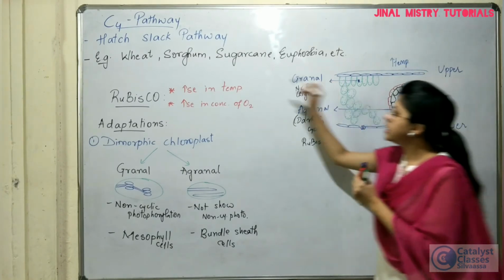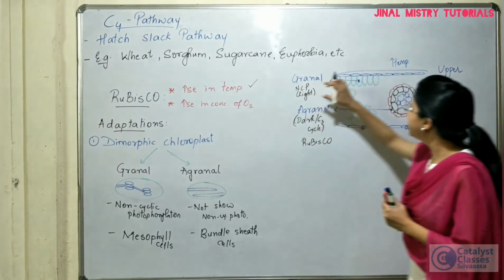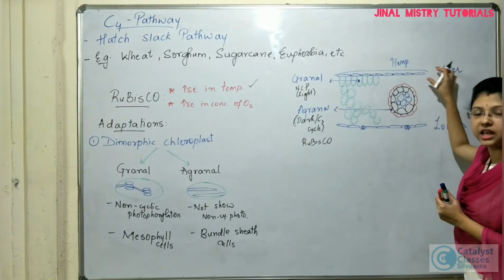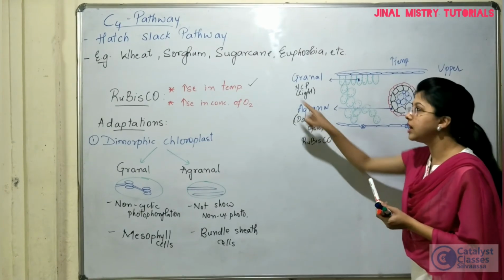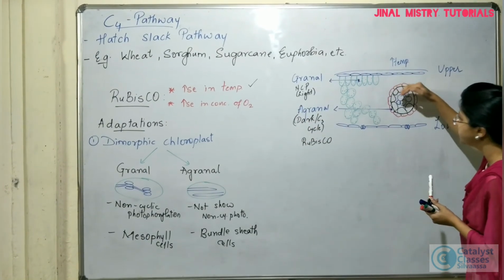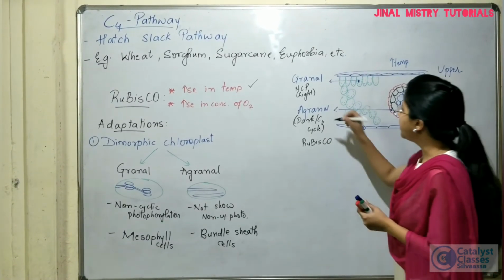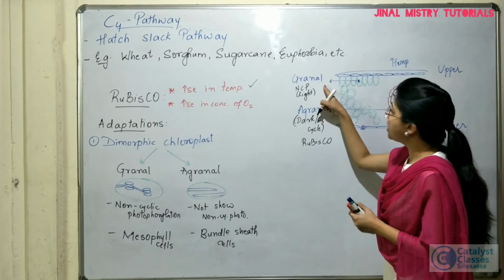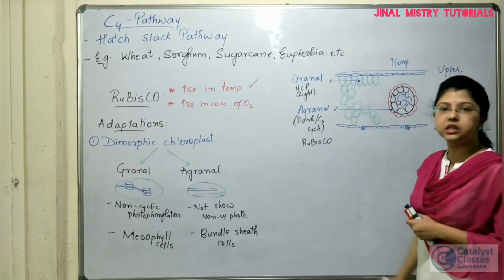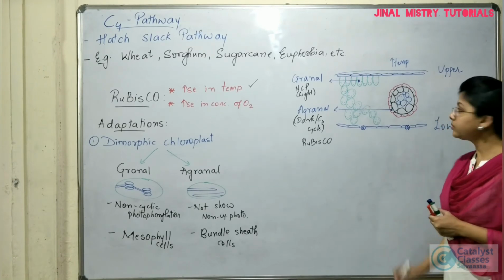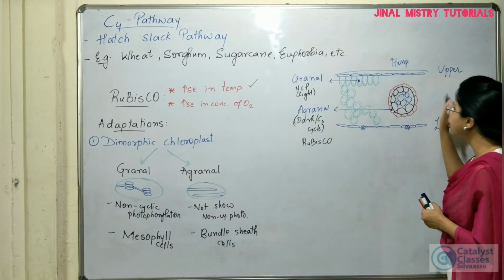So one condition is being fulfilled. The higher temperature present in the mesophyll cells is overcome by not exposing the Rubisco to that high temperature, because the Rubisco is present in the deeper cells of the leaves. Second thing is that since the granule chloroplast is present in the mesophyll cells, the oxygen will also be released in the mesophyll cells, whereas in the near vicinity of the bundle sheath cells there will be no oxygen.